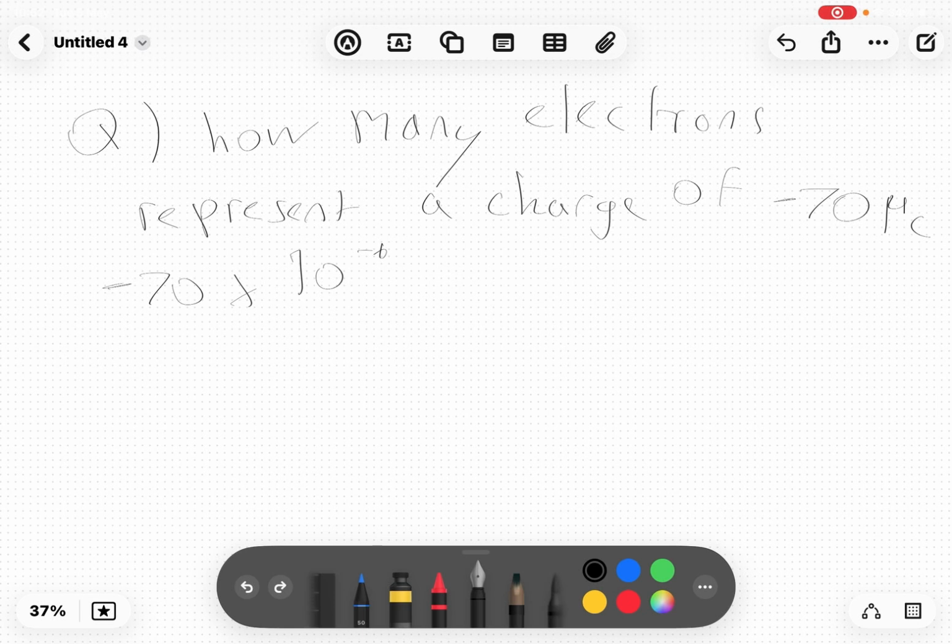After this, we have to times it by what an electron's value is, and 1 electron is equal to minus, because electrons are negative, basically this, and that's in coulombs, by the way. So one electron equals this many coulombs. In that case, we just times this by that.